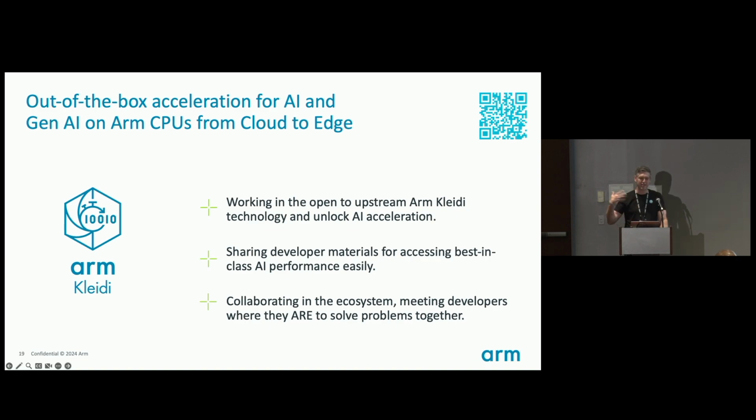So we're not just coming here saying, we did this all ourselves, start using it. We're working with these upstream projects to define what that looks like so that it fits exactly where they need it to fit. Again, it's going to go in under the hood. So if you're using something like PyTorch, you don't have to use Kleidi directly. PyTorch is going to use Kleidi, and you're going to get those benefits automatically.